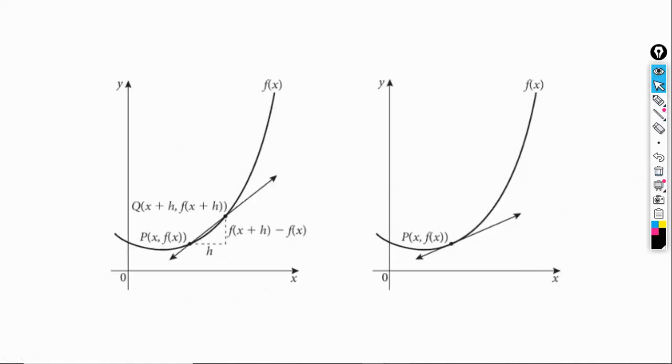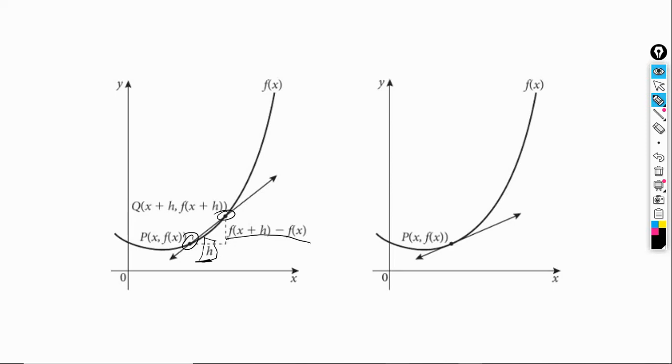In the next slide, to the left, we have the same situation again. A second line and 2 points. The same 2 points, we're naming them the same, only that the distance h is closer to nothing. It's reducing. But we have the difference in y still being f of x plus h minus f of x, and the distance in x still being h.